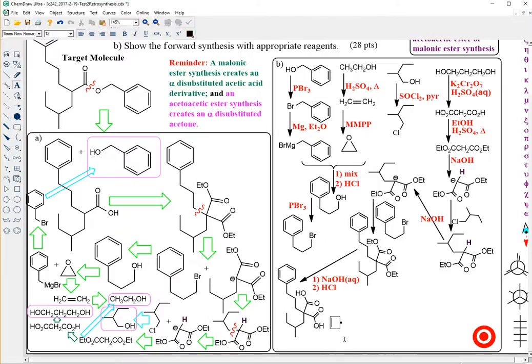If the HCl is accompanied with heat, a beta dicarboxylic acid will undergo decarboxylation, giving us our disubstituted acetic acid.